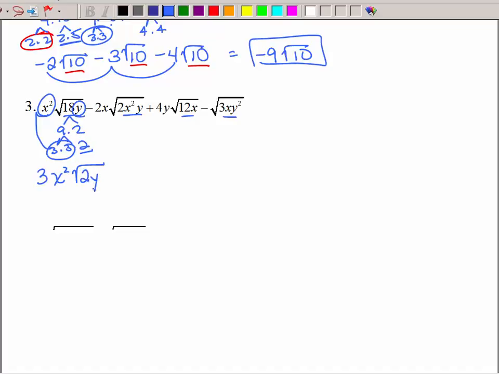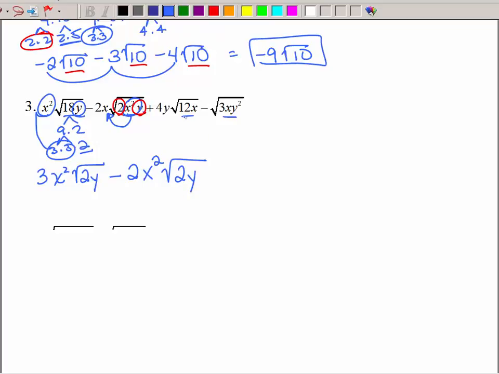That stays inside the radical. Here, the square root of x squared is x, so that comes out, but there's already a 2x there. Multiplied by another x makes that x squared, and then all I've got left inside is that 2y.